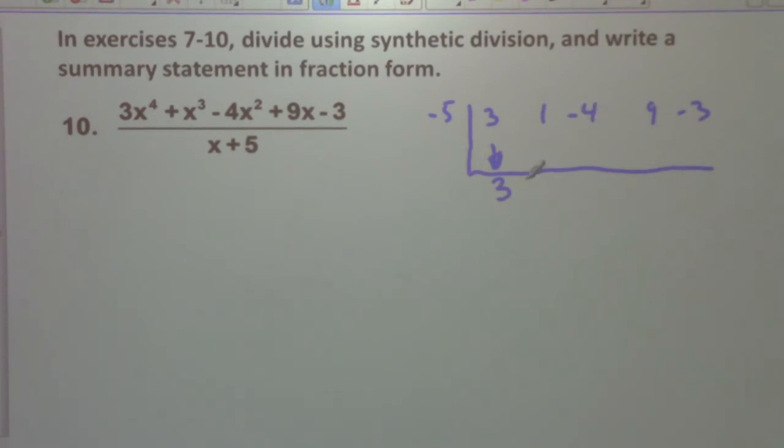And then we're gonna multiply that 3 by -5, and get -15. And then you're gonna put down -14 times 5, maybe 5, 70. And then it's gonna be 66. 330, oh, it's a lot.